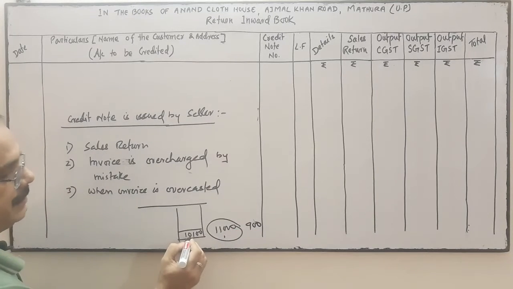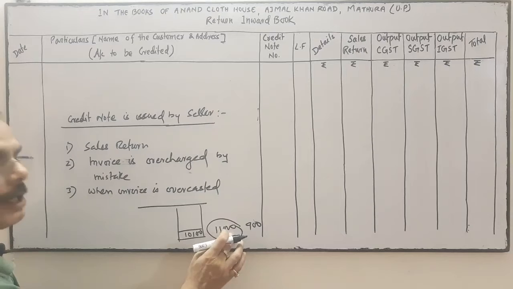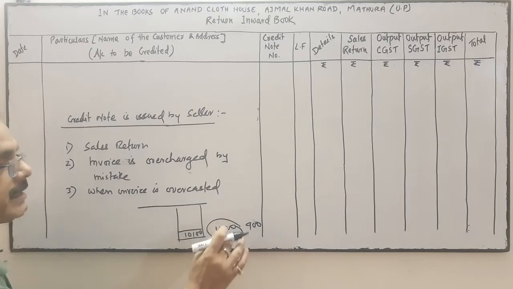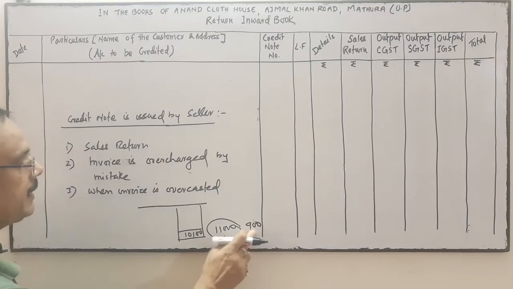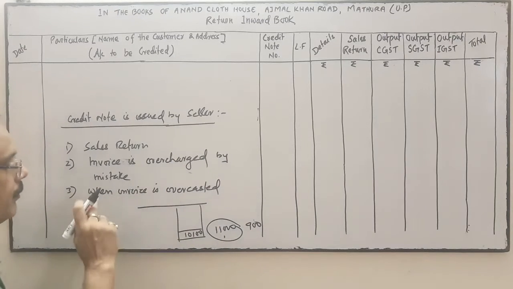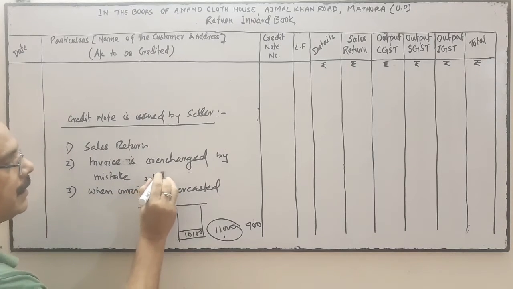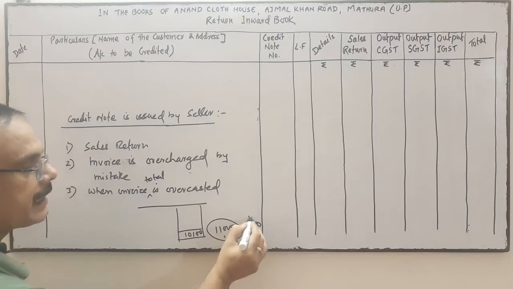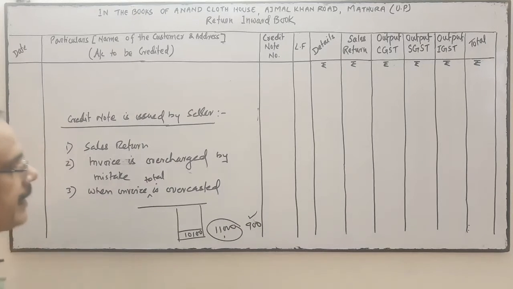Instead of 10,100, the total comes 11,000. So we'll say that the invoice total is overcast by 900, because the total is more by 900.